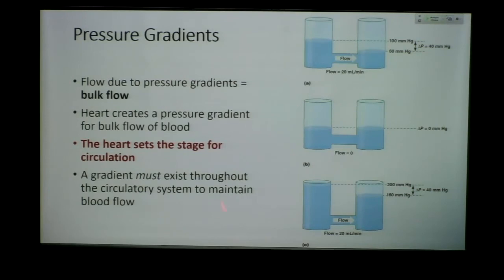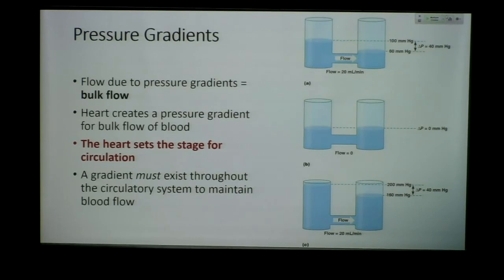Now in the third scenario, we have much more water on the left side, 200 millimeters of mercury, and much more water on the right side as well, about 160 millimeters of mercury. And so we have the same pressure differential that we had up here. So would we expect our flow to change? No, right? The flow will not change because the pressure differential is the exact same, or the pressure gradient is the exact same, okay?